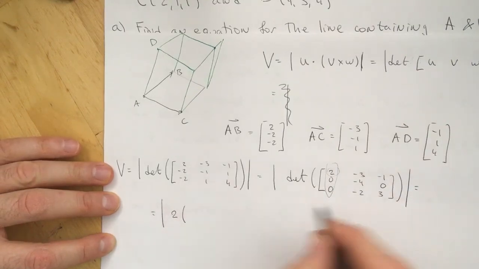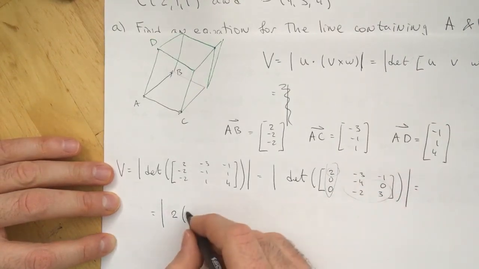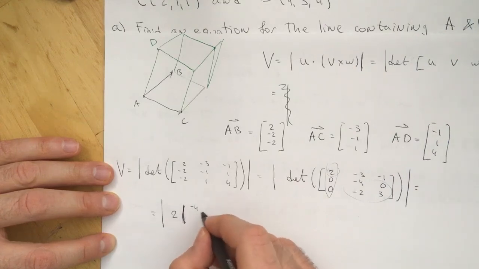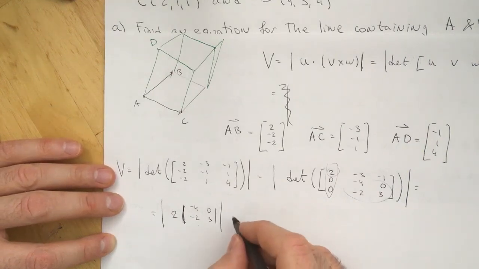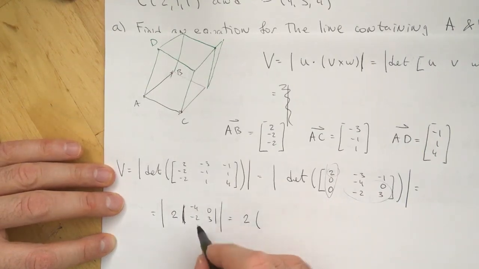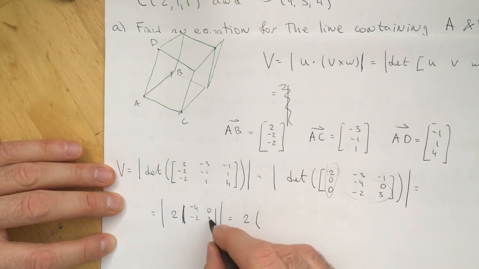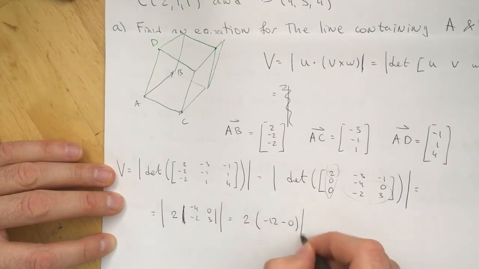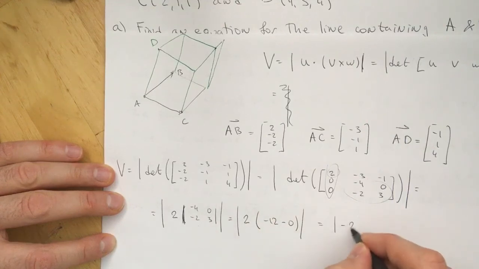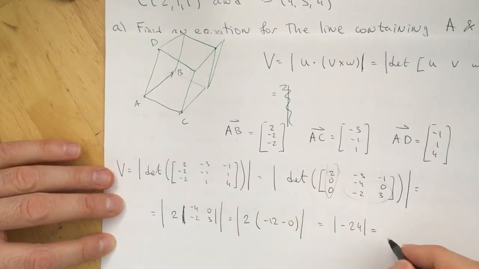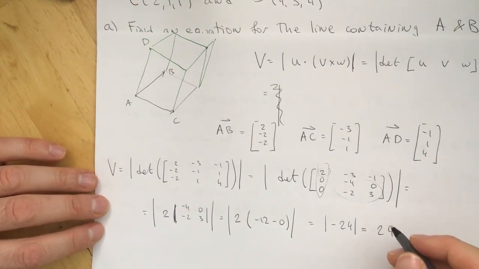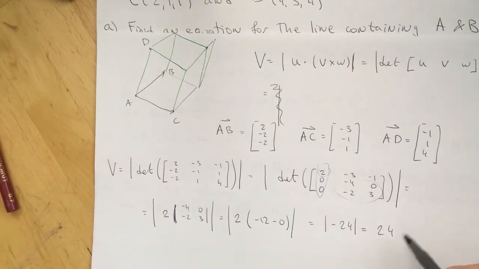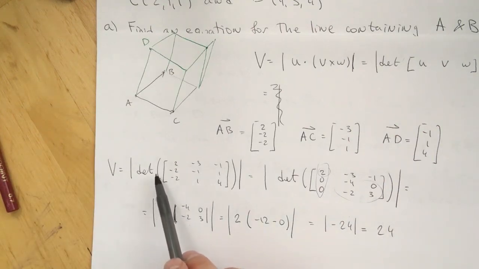So I have 2 times the determinant of this submatrix, negative 4, 0, negative 2, 3, which is equal to 2 times negative 4 times 3, which is negative 12, minus 0, in absolute value. That's the absolute value of negative 24, which is equal to 24.